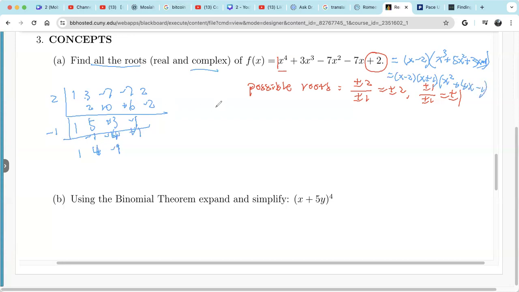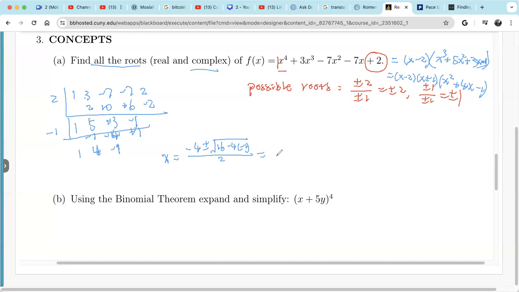All right, almost done. The last one is x squared plus 4x minus 1. We can use the quadratic formula, right? x equals -b, which is -4, plus minus the square root of 4 squared, which is 16, minus 4 times -1, a is 1, then divided by 2 times 1.